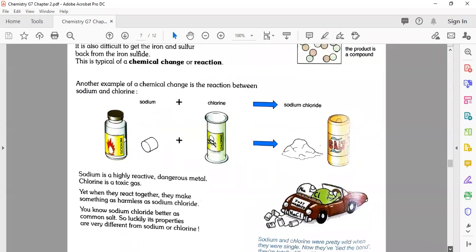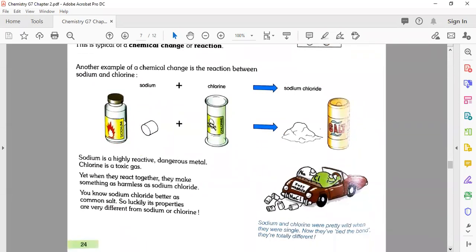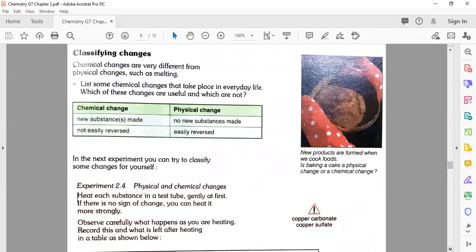Thank you. Okay, after understanding page number 24, we are going to move on to page number 25. Now classifying changes, or you can say the types of changes, how many types of changes we have here. Chemical changes are very different from physical changes, such as melting. So when you burn a paper, what happens?